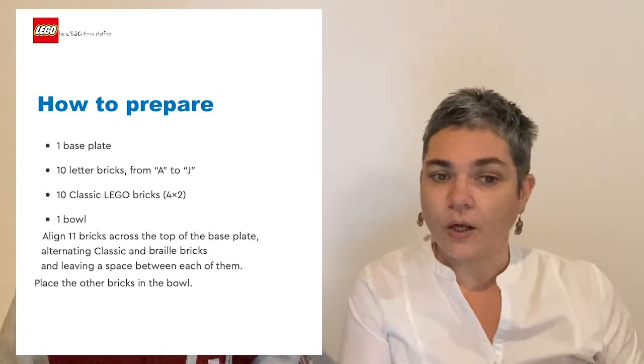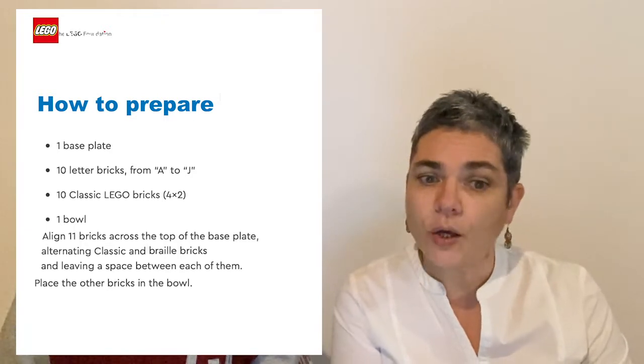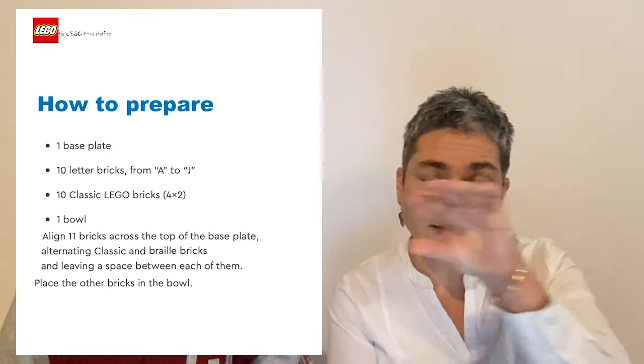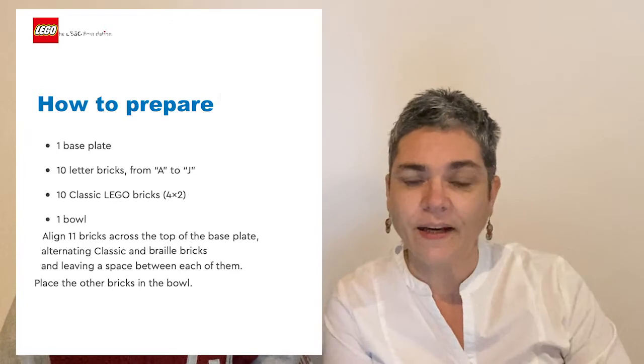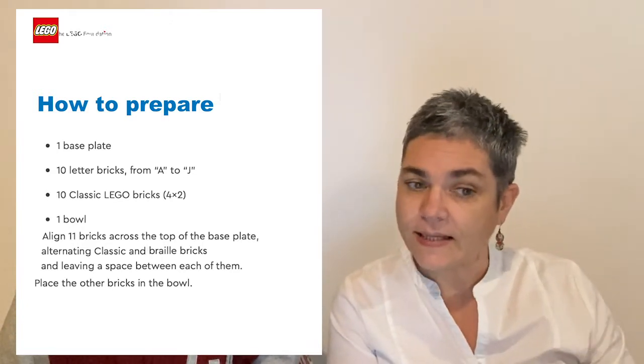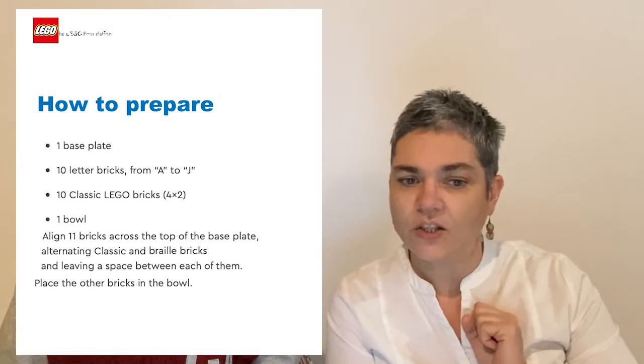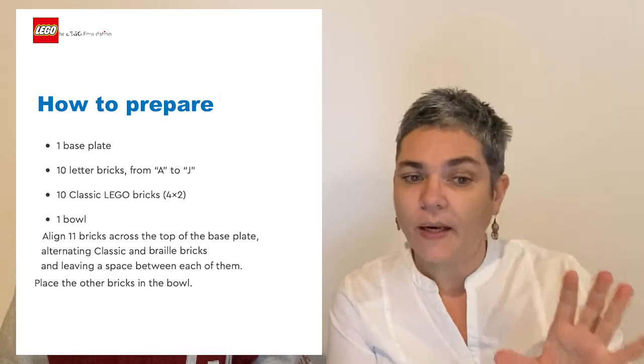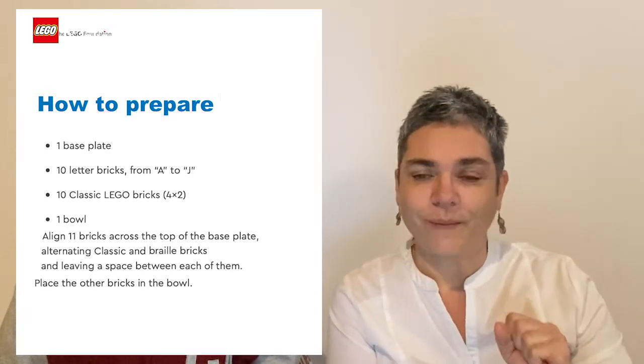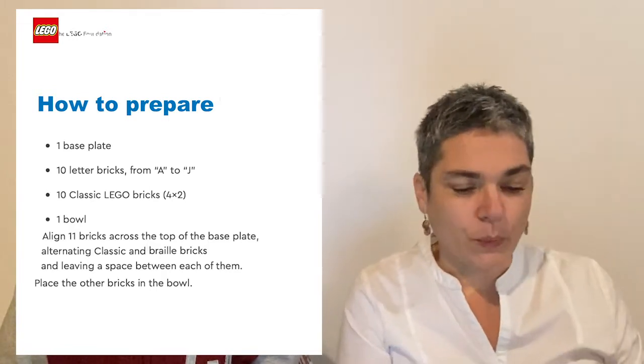Then you will align 11 bricks across the top of the base plate, making a big line, alternating classic and Braille bricks and leaving a space between each of them. You will place the other bricks in the bowl. Maybe I can show you, Mark already did that preparation.